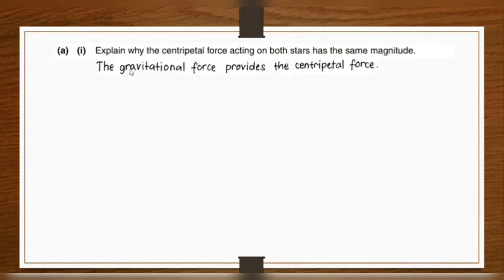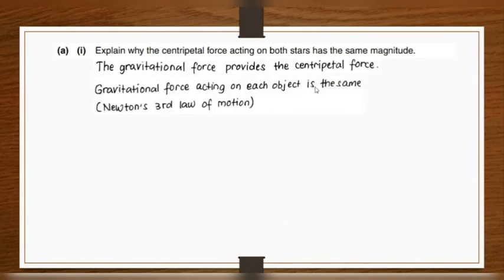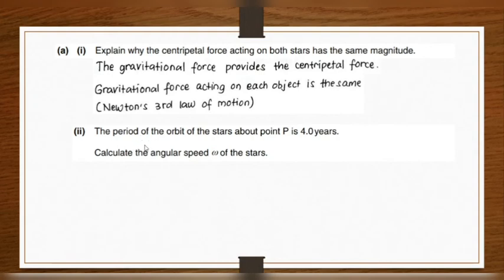Here, explain why the centripetal force acting on both stars has the same magnitude. The gravitational force provides the centripetal force, and then the gravitational force acting on each object is the same, according to Newton's third law of motion. That's why the centripetal force will also be the same, because here the gravitational force will be equal to the centripetal force.